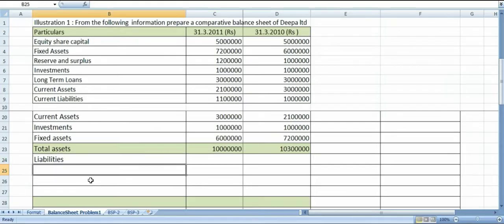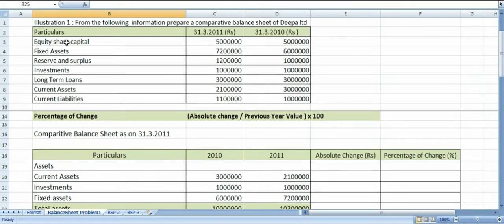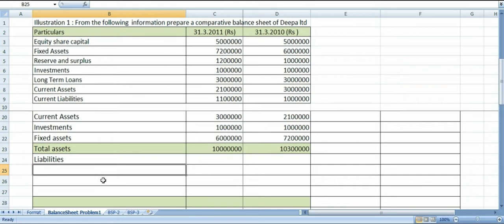A non-current liability comes under long-term loans, so I am just adding the long-term loan. The long-term loan has a value of 30 lakhs each, so for both years it is the same. So I am just entering this 30 lakhs at both ends.